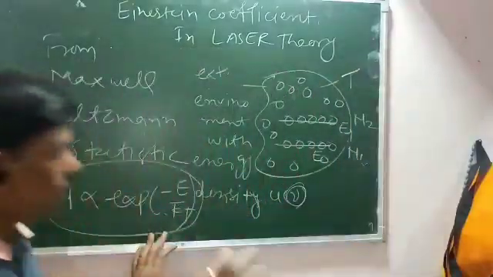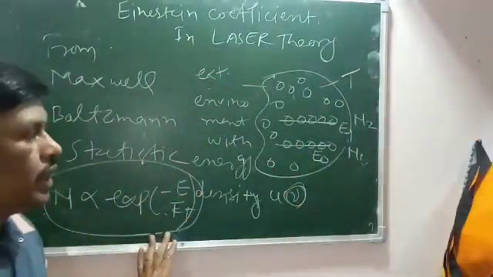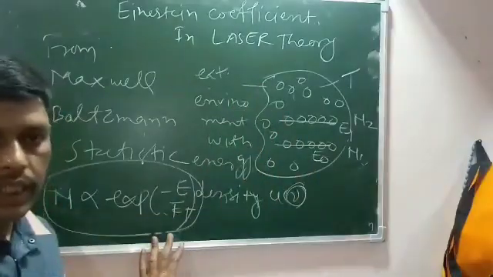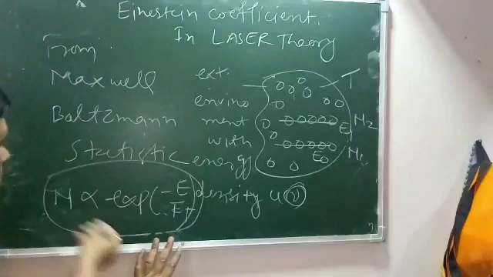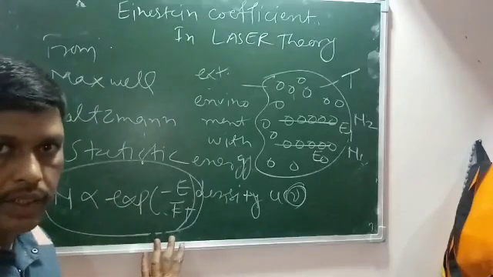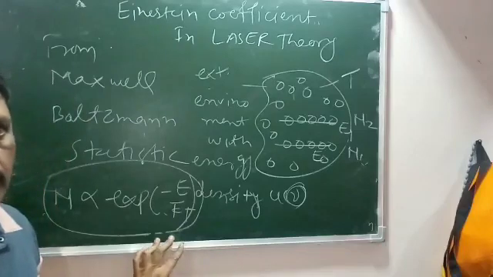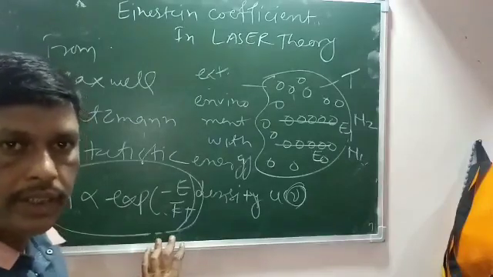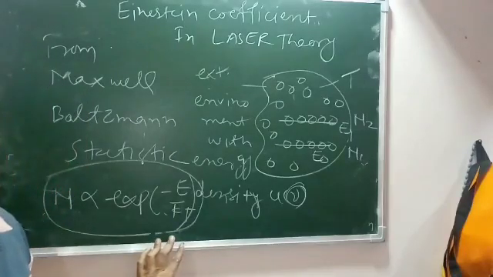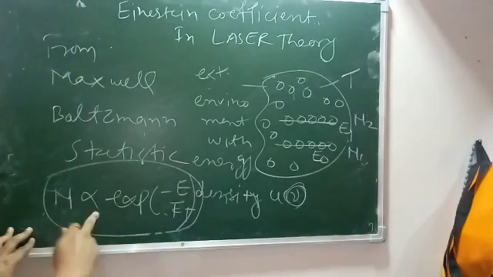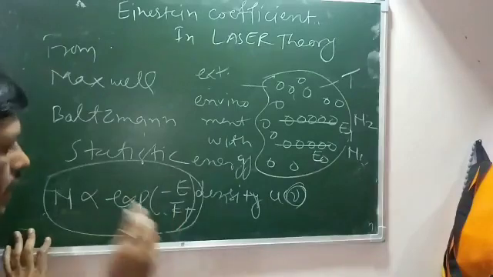So the temperature is nearly constant in the external environment and the energy states. That's why we can use the Maxwell-Boltzmann statistics. When thermal equilibrium systems come into the picture, the Maxwell-Boltzmann statistics follow, and from that we can write n proportional to exponential of minus E by kT.